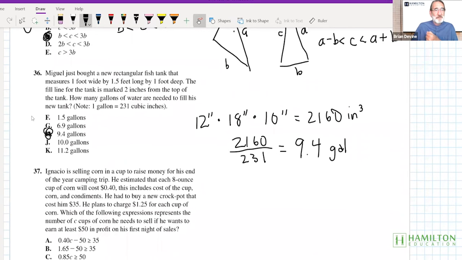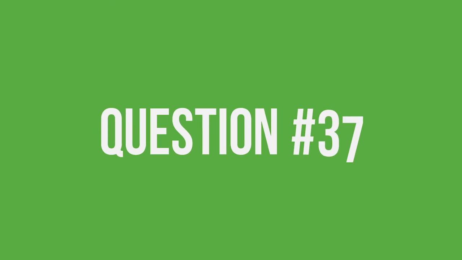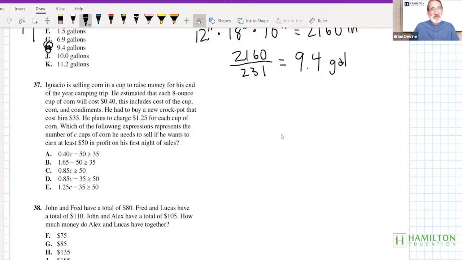So H. So Nacho is selling corn in a cup to raise money for his end of year camping trip. And he estimates that each 8-ounce cup is going to cost 40 cents, and that includes the cup, the corn, and condiments. So he had to buy a new crock pot that cost him $35.